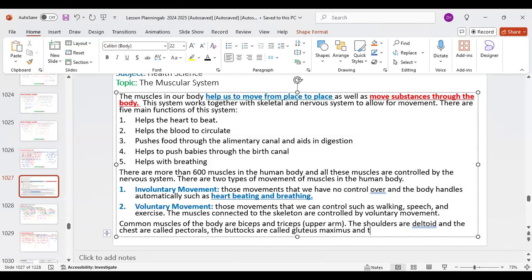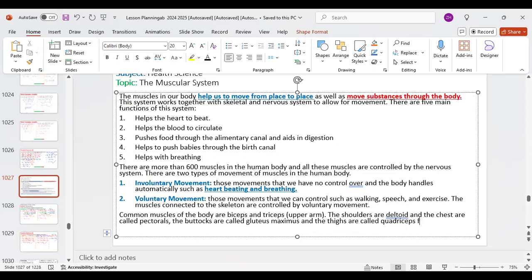And the thighs are called quadriceps for the front, and hamstring muscles for the back.